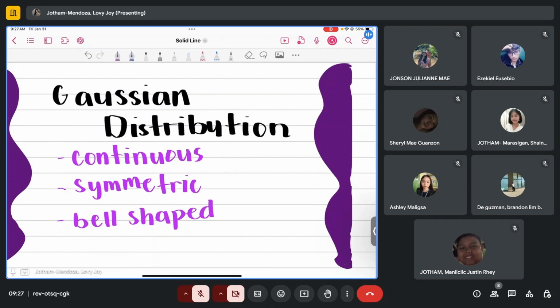Imagine you and your classmates taking a math test. Most students will get scores close to the average, while only a few will get really high or really low scores. This pattern forms a normal distribution or a Gaussian distribution because the data is balanced around the middle.